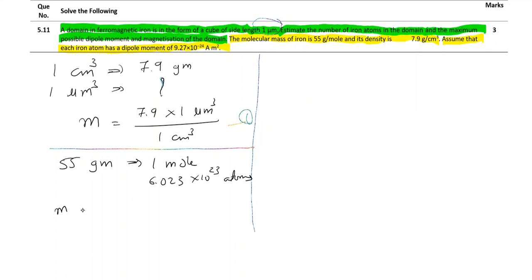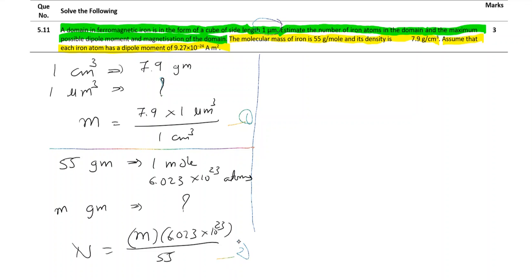Then m gram will have how many atoms? If the number of atoms is n, then n is equal to m into 6.023 into 10 raised to 23 divided by 55. So result 2 will give me the number of atoms in the given iron cube.